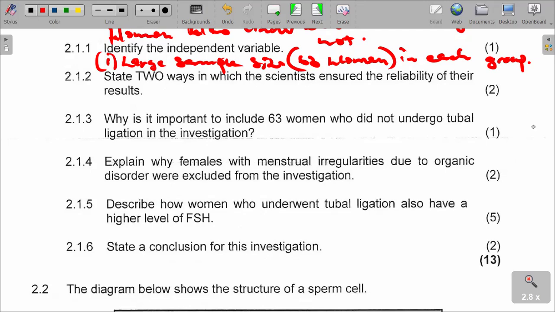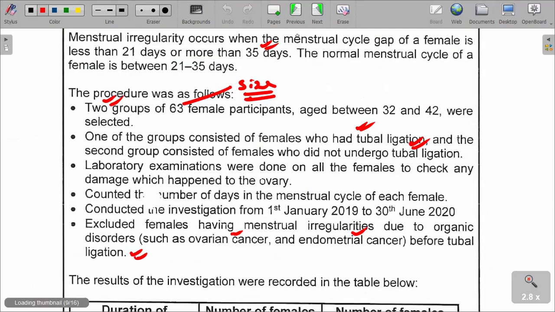And then we also have from the experiment that the reliability was increased because we have got two groups of women. One group had tubal litigation, the other group consisted of women who did not undergo litigation.